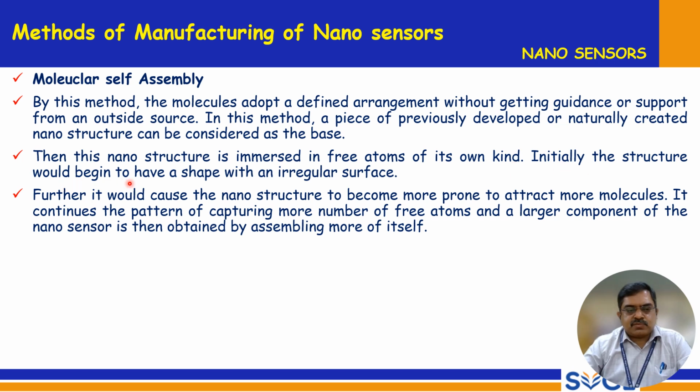Initially, the structure would begin to have a shape with an irregular surface. Further, it would cause the nanostructure to become more prone to attract more molecules. It continues the pattern of capturing more free atoms, and a larger component of the nanosensor is then obtained by assembling more of itself.